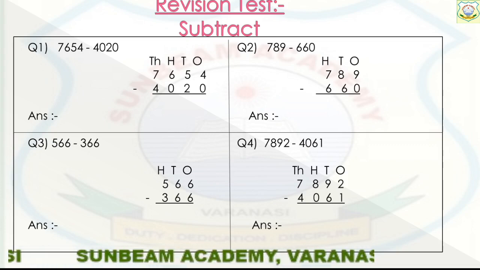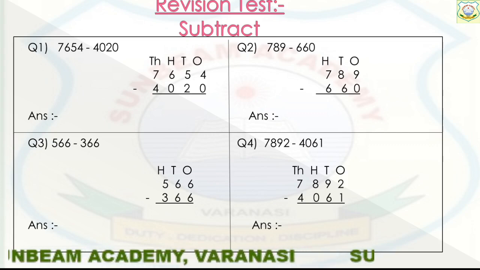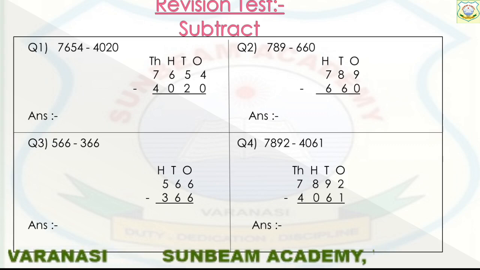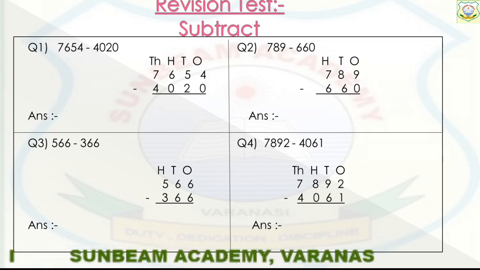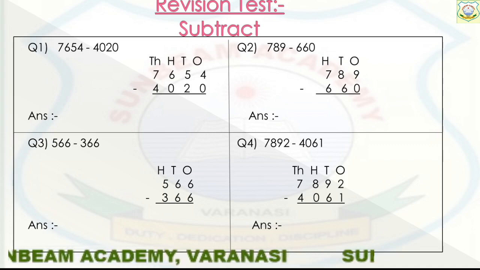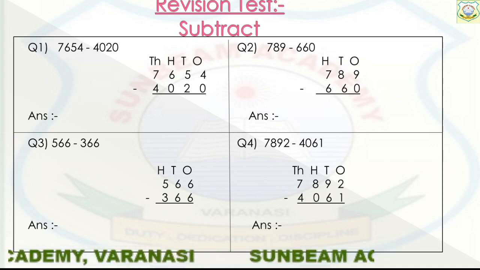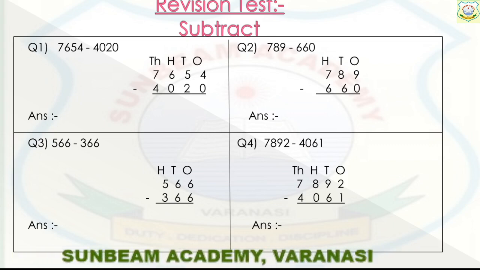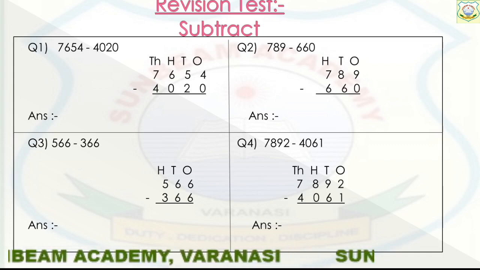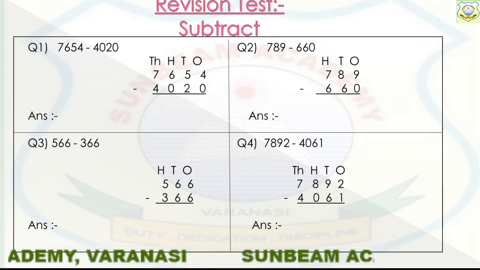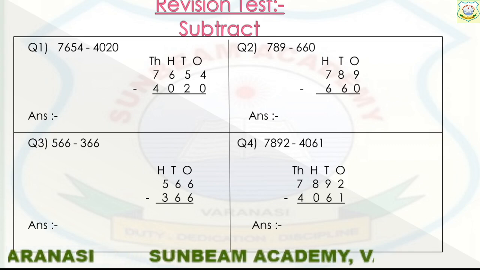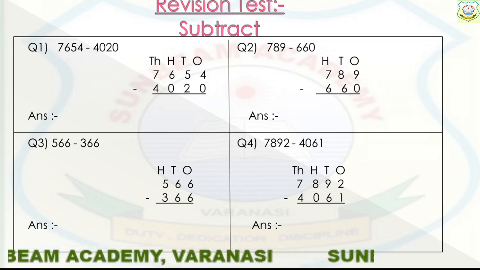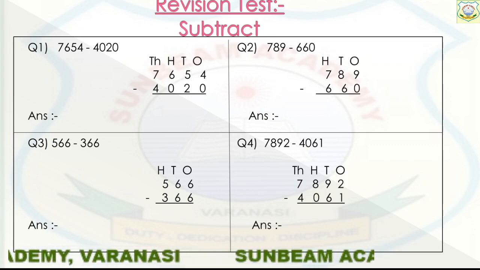The next question is 566 minus 366. Do it. And you have to note down the question also, beta. Note down the question also, okay?